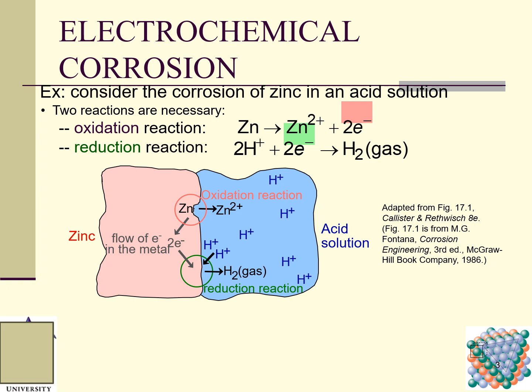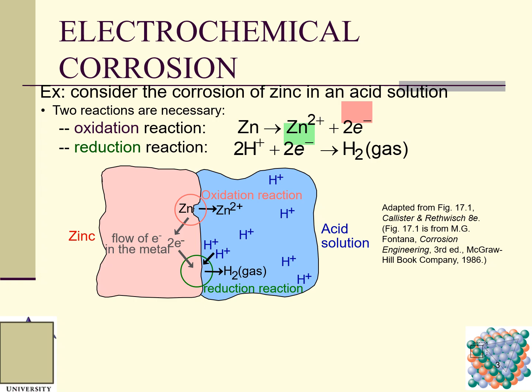Here, this is bulk zinc material; zinc atoms become zinc ions, which go into the acid, and the electrons flow in the metal and will be captured by 2 hydrogen ions, giving 2 hydrogen atoms. 2 hydrogen atoms form 1 hydrogen molecule, which is a gas.